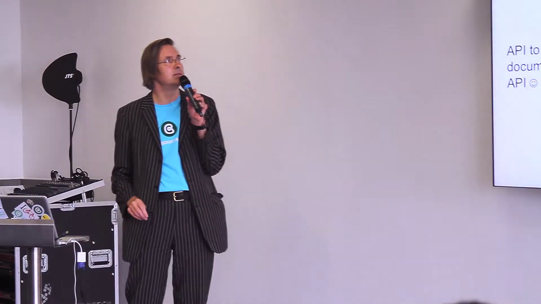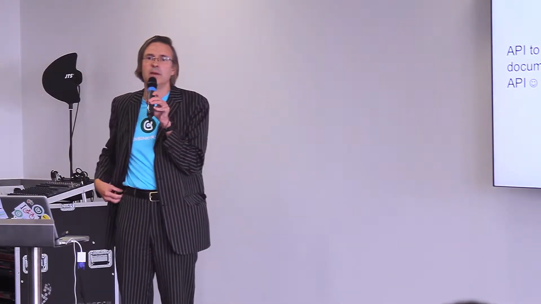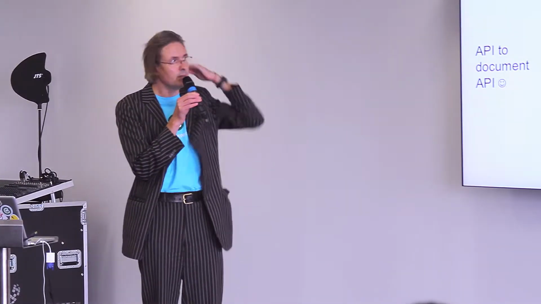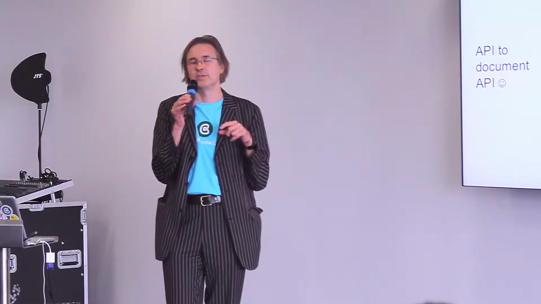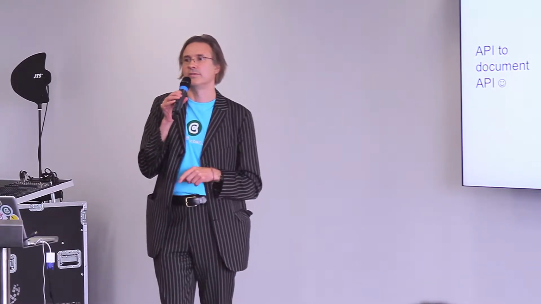Documentation, we started by using a wiki in GitHub, and we still have that, but recently we built an API endpoint which has the documentation of the APIs on the server, including itself.